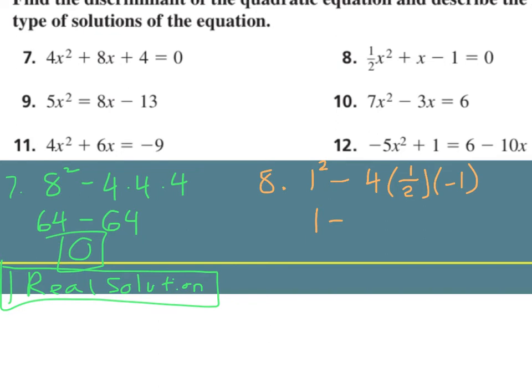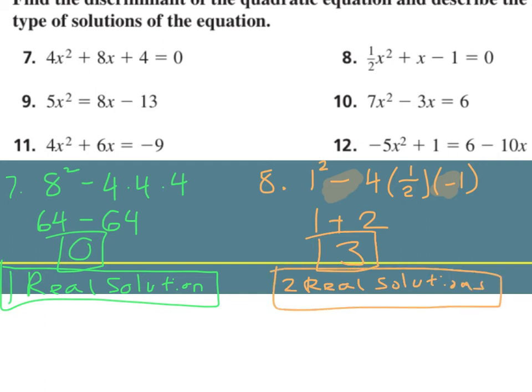Negative 2. Right, so we make it a plus 2, since we have two negative signs here, it becomes positive. So 1 plus 2 is what? 3. And how many solutions do we have here? Two real solutions. Pretty easy. You guys got the hang of it?